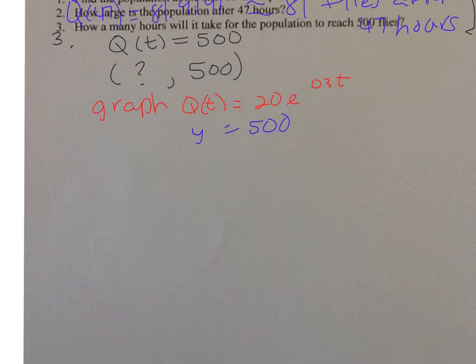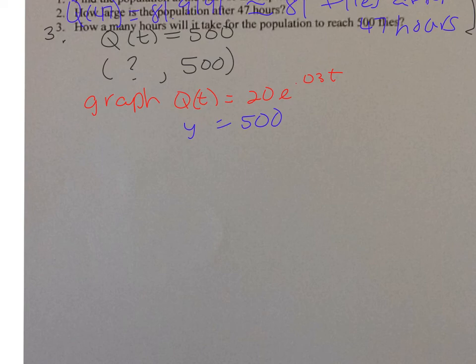All right, so I'm just going to move everything up a tiny bit. Okay, so plug both into your calculator. You're going to have to adjust the window. Put me on pause, adjust the window so that you can see the entire graph. Hopefully you adjusted the graph.